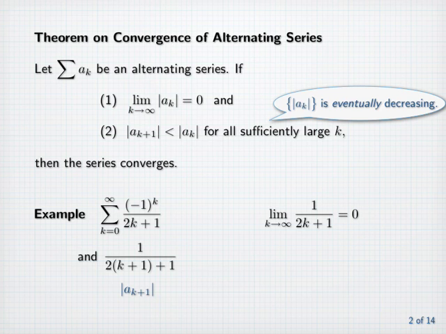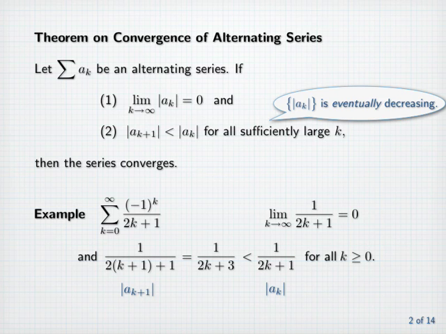That's 1 over 2(k+1)+1, which equals 1 over 2k+3. Now that's clearly less than 1 over 2k+1, which is the absolute value of a sub k, and that's true for all k. So we conclude that the series converges because of these two facts.